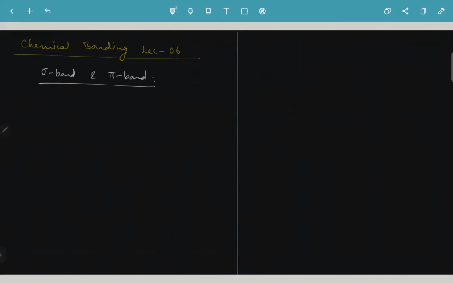Another important point related to sigma bond and pi bond, we'll see the application of this point in the study of isomerism chapter. Write this point.